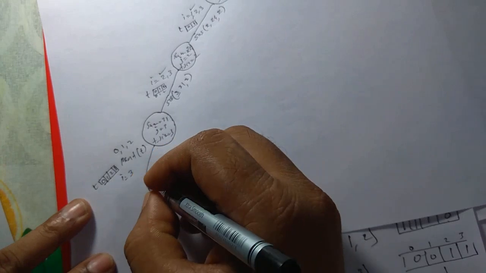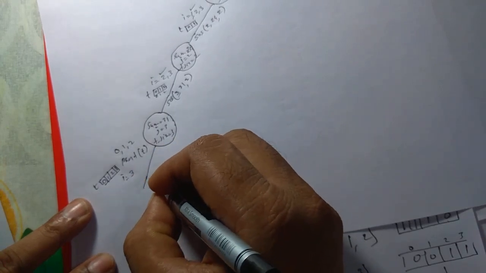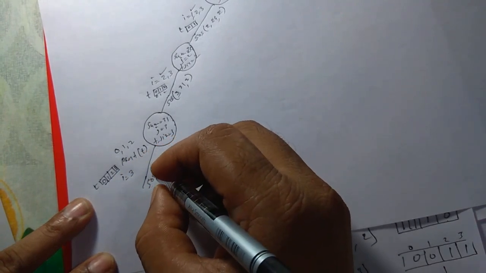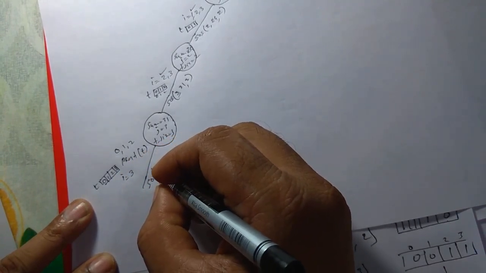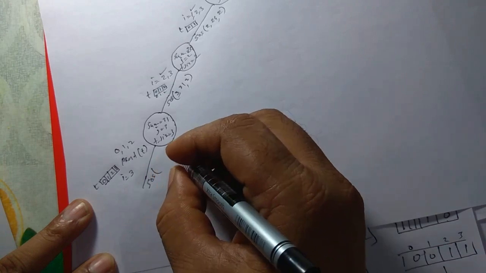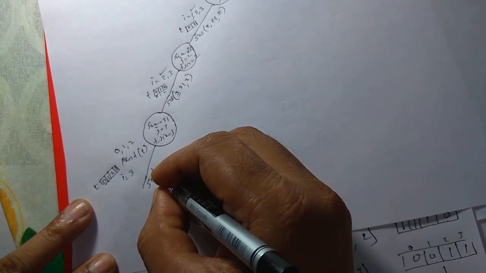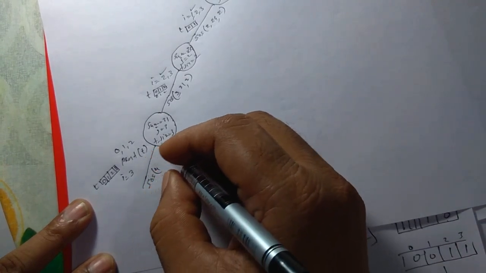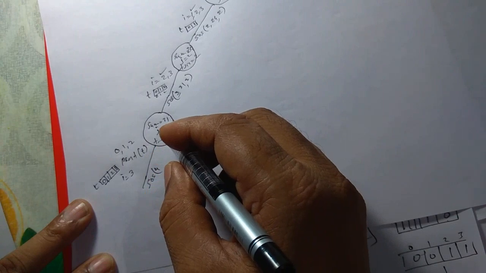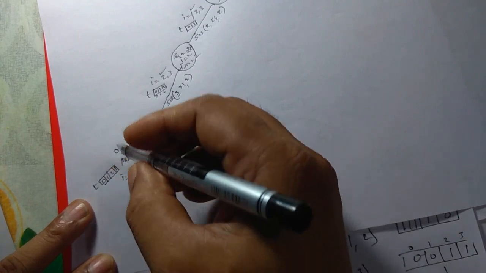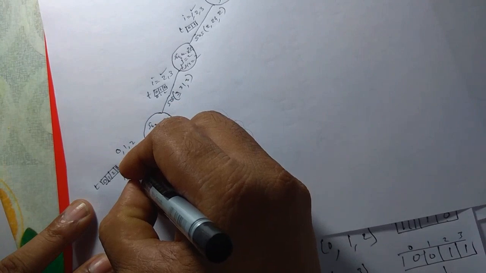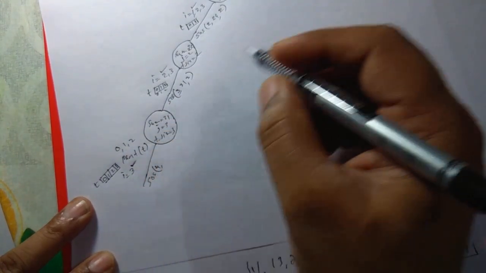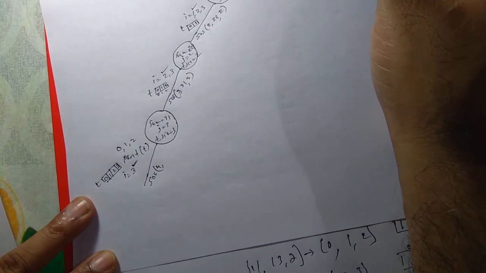Okay, then it will invoke the recursive call, t size plus 1, t size will become 4, then sum plus s of i. i has taken the value 3. What was the element at the third index? It is 24.